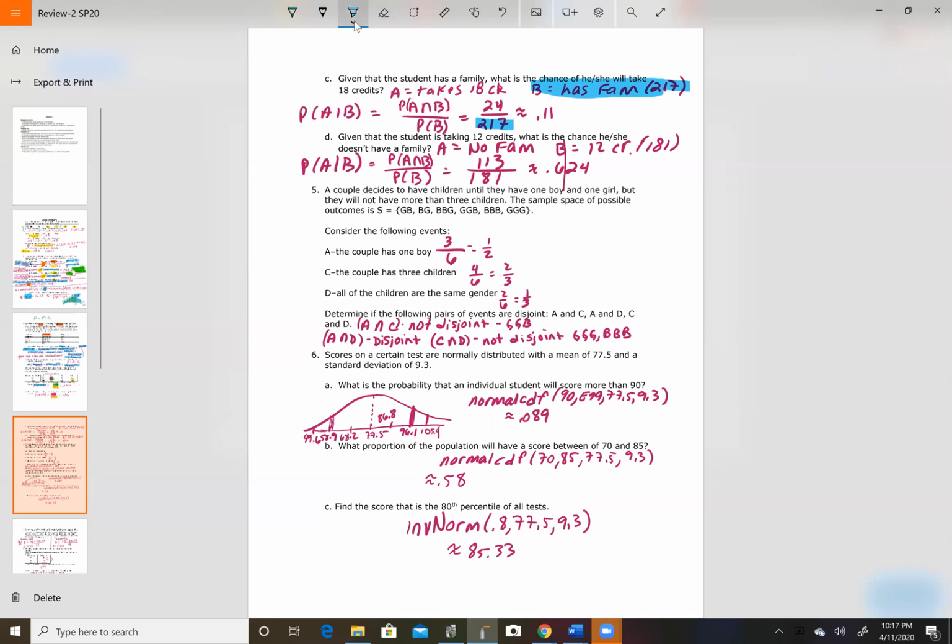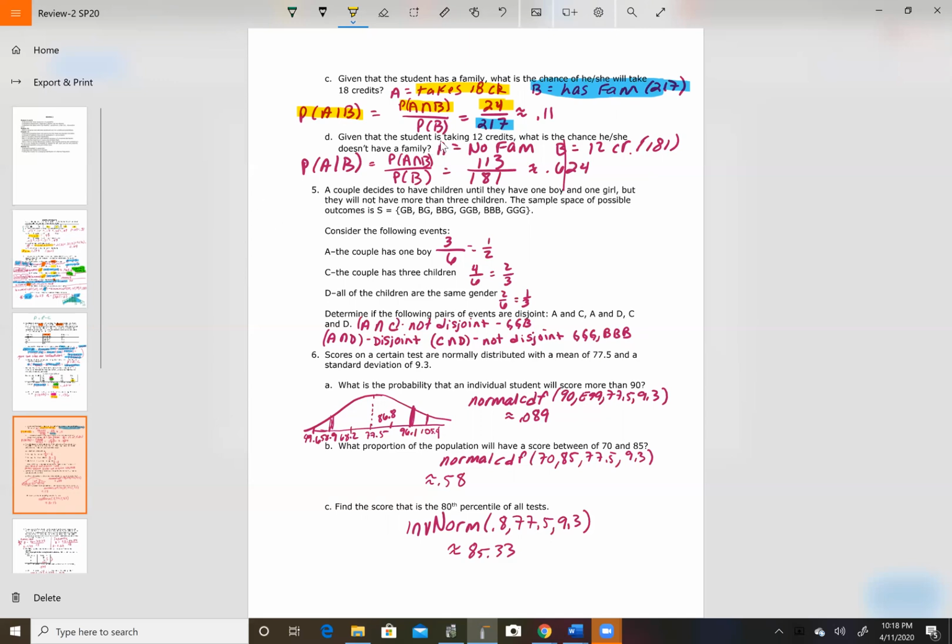Our numerator, because it's the probability of A given B, the probability of A being that somebody is taking 18 credit hours. So we're only choosing from those 217 people that have a family. And then our numerator becomes that box where they have a family and they're taking at least 18 credit hours. And that's only going to be 24. Okay, so your probability here is going to be 24 out of 217, or approximately 11%.